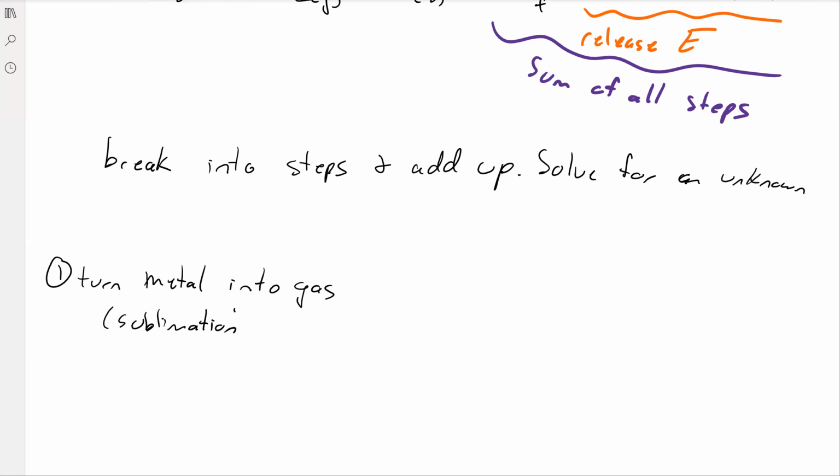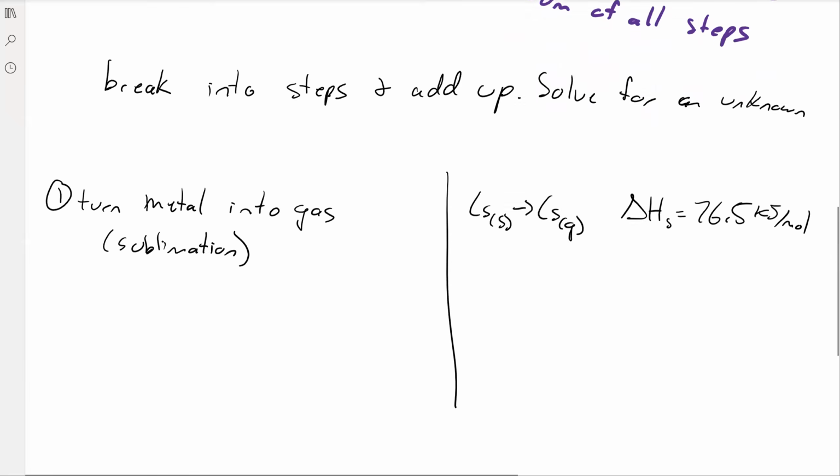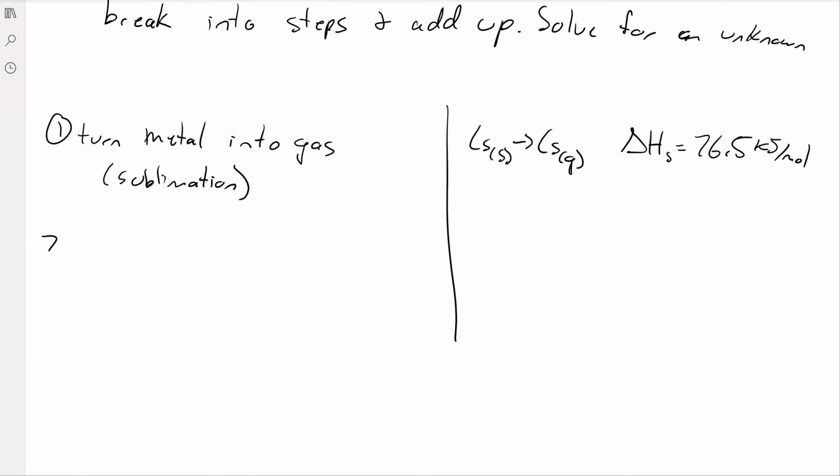Sublimation is a phase change from a solid straight to a gas. So what's going on here is we have solid cesium going into gaseous cesium. And we can calculate that energy, or we can experimentally find that energy through other means. In this case, it's 76.5 kilojoules per mole. Again, don't worry about the units here. We'll learn about that later.